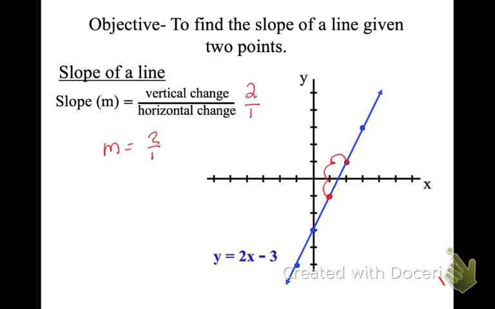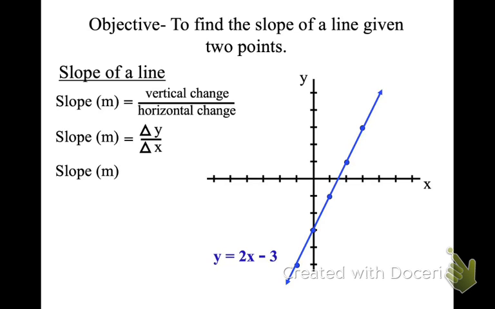We also call that a rise over run. Vertical change is the rise, and the horizontal change is the run. You can also call it the change in y over the change in x, where this triangular symbol means the word change. I've used it before when we were talking about the change in percent.